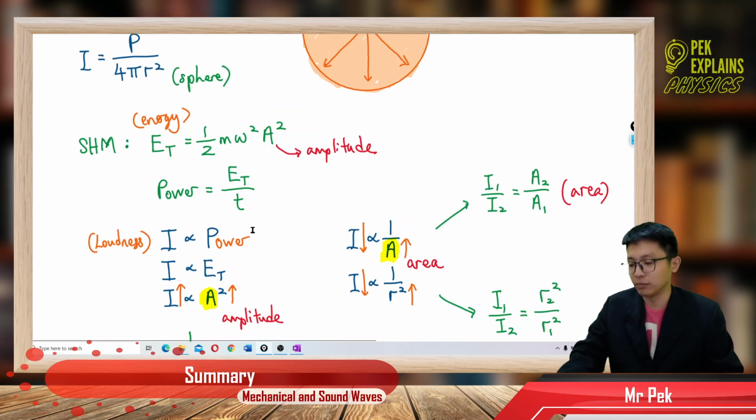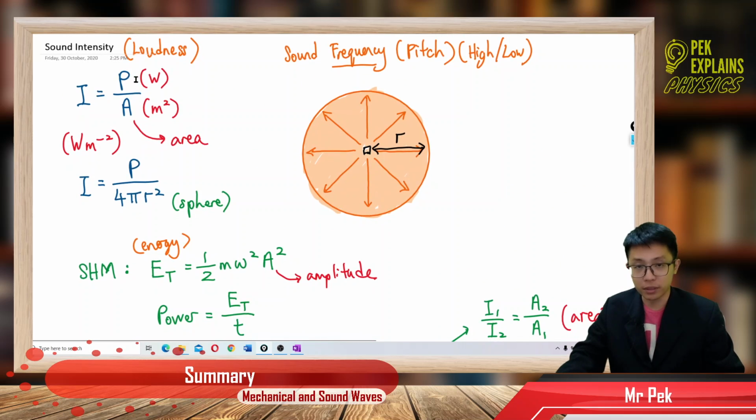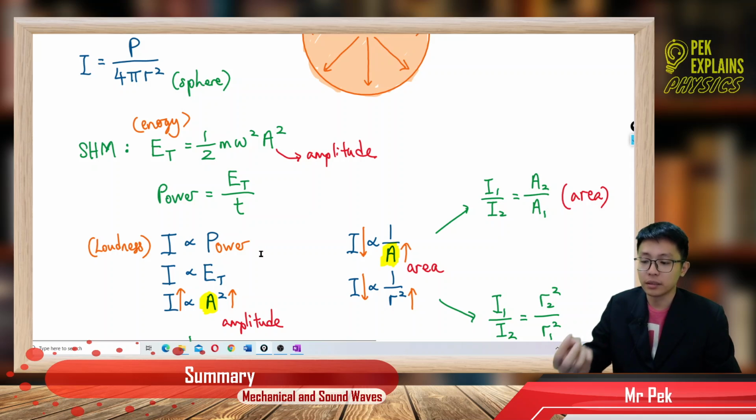Now, look here. Intensity is proportional to the power. The higher the intensity, the louder the sound, so the higher the power emitted. And since power is equal to total energy over time, intensity is also proportional to the total energy emitted.